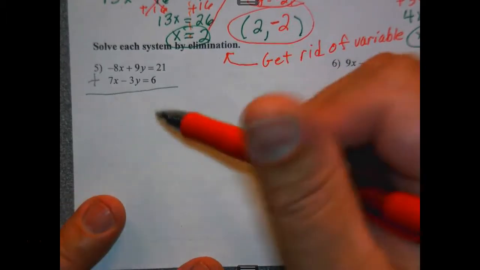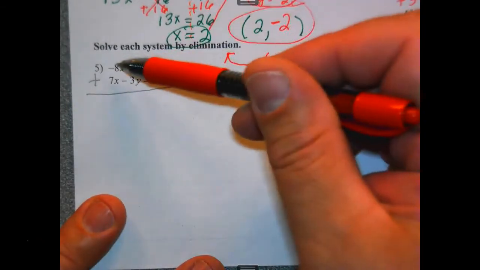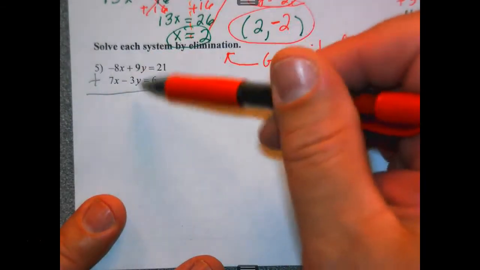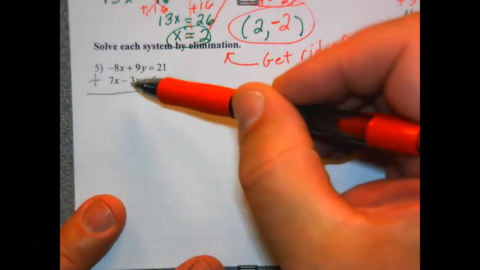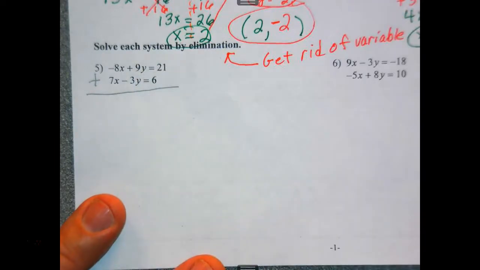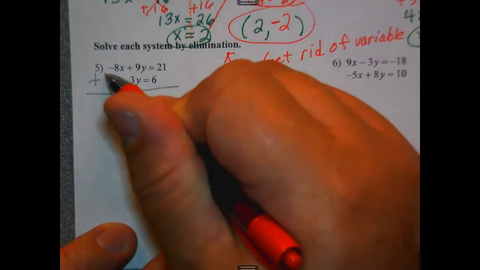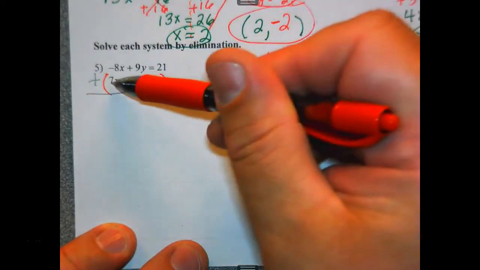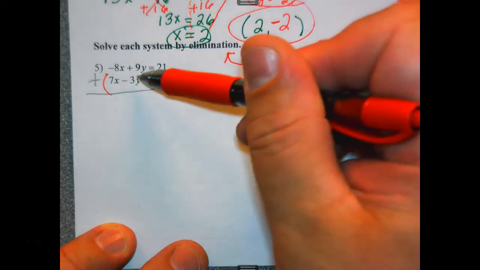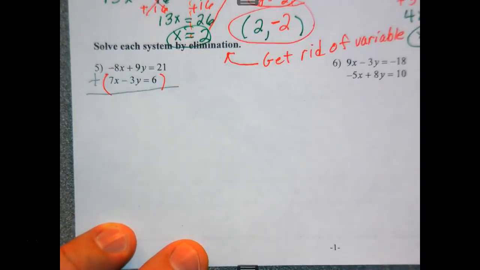All right, so this is what I do. It's kind of like the order. I look at whichever one is a positive and negative. Well, that's negative, that's positive, so we could use the x's. That's negative, that's positive, we could use the y's. And then what I look for next is, are any of these coefficients a factor of the other equation's coefficients?